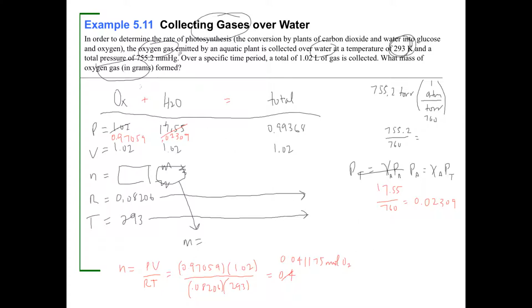It's oxygen gas, so it's O2. At 32 grams per 1 mole, multiplying gives 1.29 times 10 to the negative 3 grams of O2.